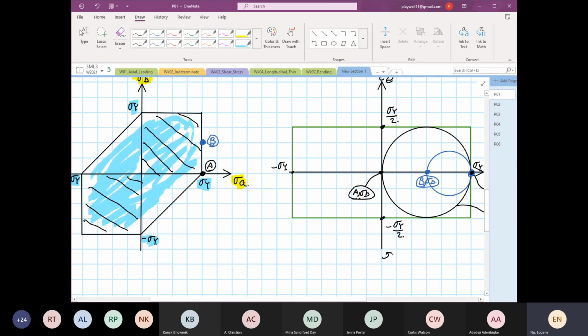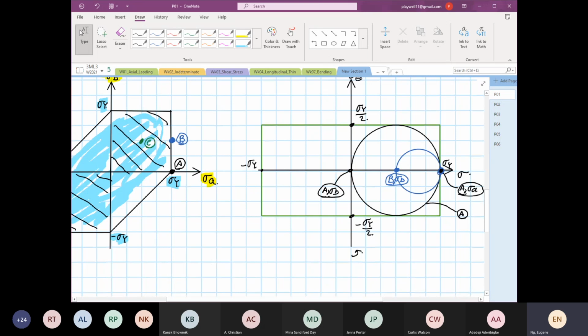So let's say I have a point C over here, and I'm going to use a different color. If I choose a condition over here, known as point C, point C will be a dot. You can't get a circle.